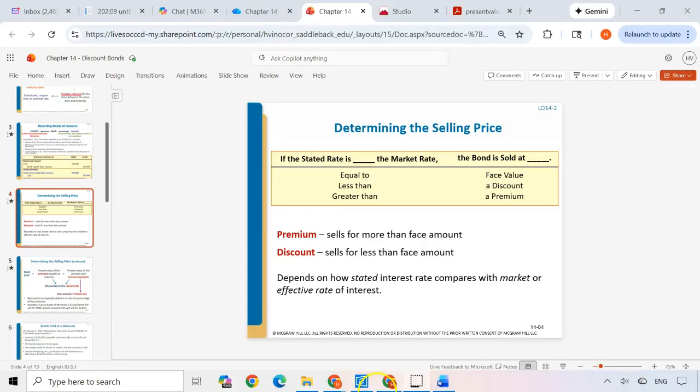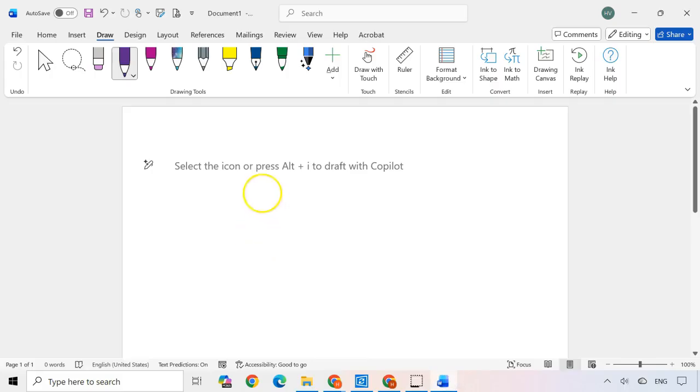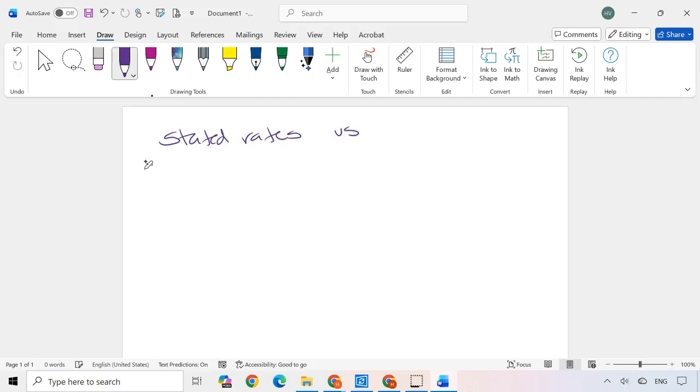I want to go and discuss this discount and premium because it's really, really important. It's going to come up throughout the entire chapter, and I want to make sure you really understand this stated rate versus the market rate. So bonds are sold on the open market, and they're open and sold all day, every day.